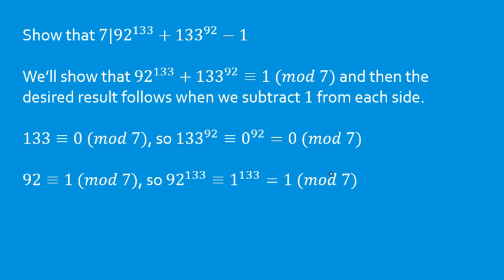Working with the other term now, the 92 to the 133. 92 is congruent to 1 mod 7, the other ideal case that we could have. So 92 to the power 133 is congruent to 1 to the power 133. 1 raised to any power is 1, so 92 to the power of 133 is congruent to 1 mod 7.